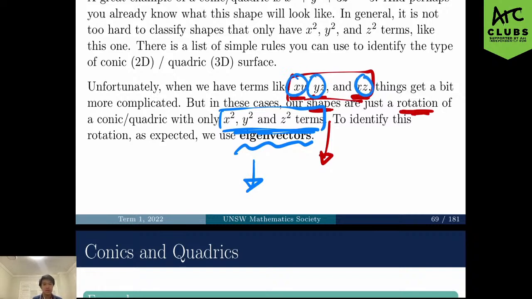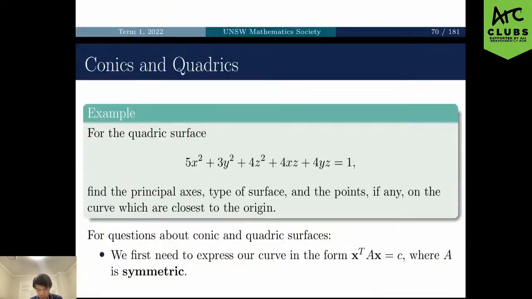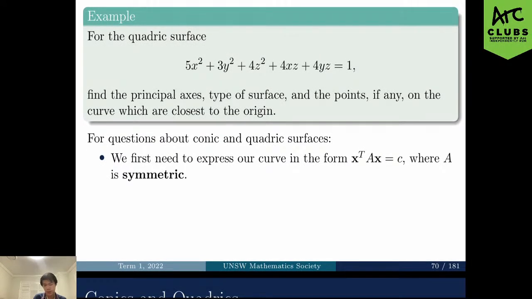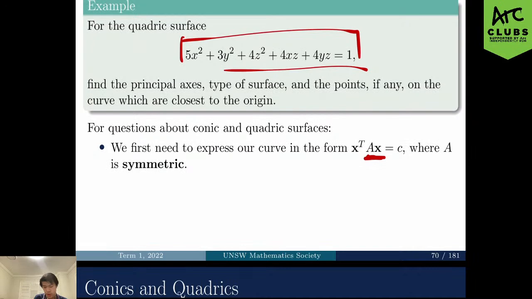And so to identify, there's a very simple process that we use. I say simple, but there are lots of steps, so let's just get an overview. First of all, try to express this curve in the form x^T A x. And what is x? x is the point, so in this case it'll be (x, y, z).